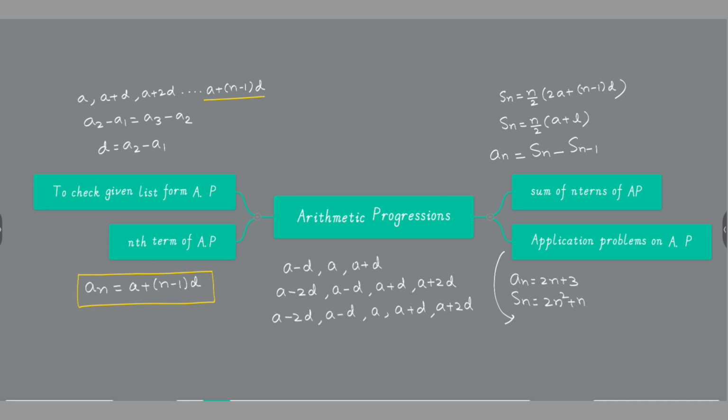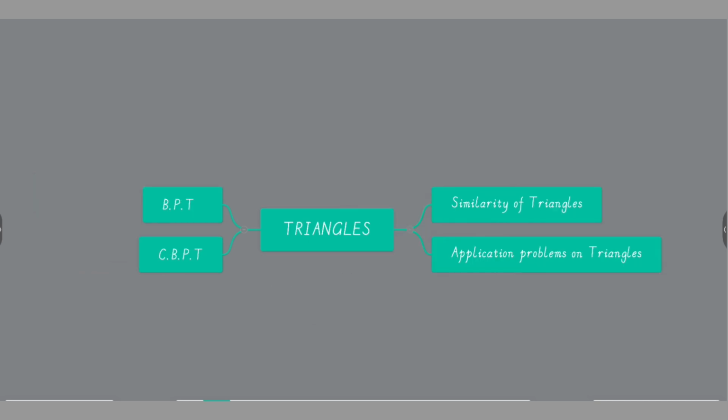This is about arithmetic progressions. Now the next topic is triangles. In triangles, we have the basic proportionality theorem. What is the statement of the basic proportionality theorem? In any triangle, if a line is drawn parallel to one side, then that line divides the other two sides in the same ratio.